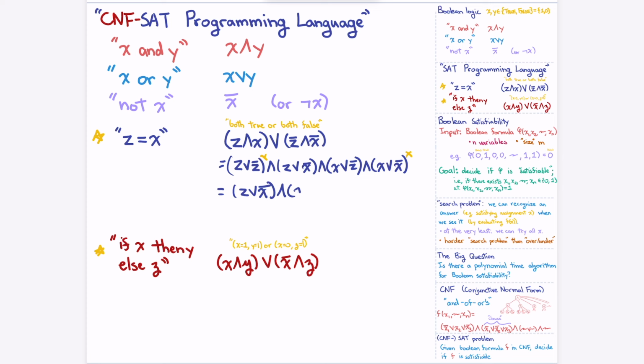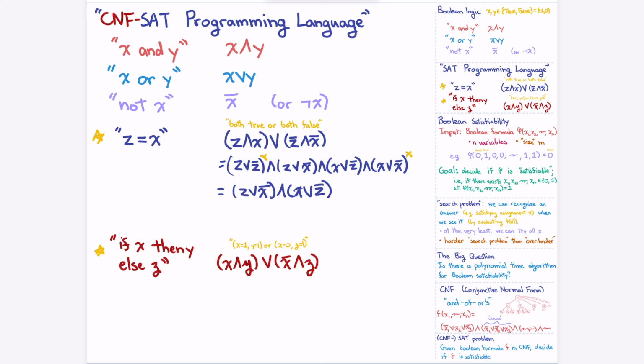This is like De Morgan's law or whatever, but I'm assuming you've done this kind of thing before. All right, so that would be a formula for z equal to x. A little harder to read, but relatively compact, no bigger than before.